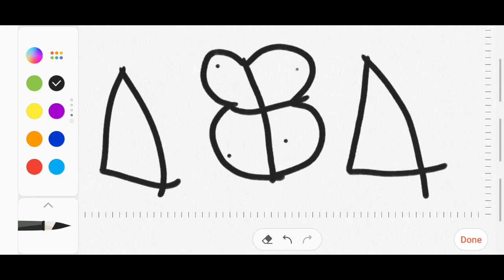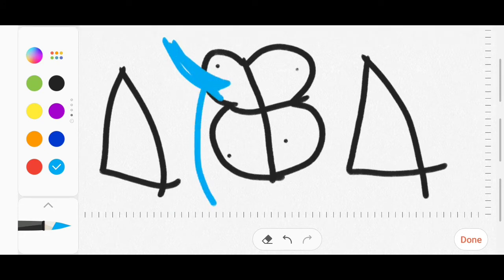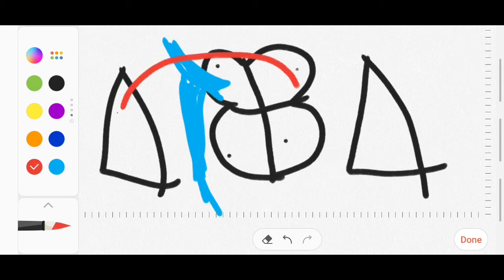And now we know the circulations, like the right atrium is supplied by the superior vena cava and inferior vena cava, which have mostly deoxygenated blood. So I have shown it in blue color, and these are the pulmonary veins.